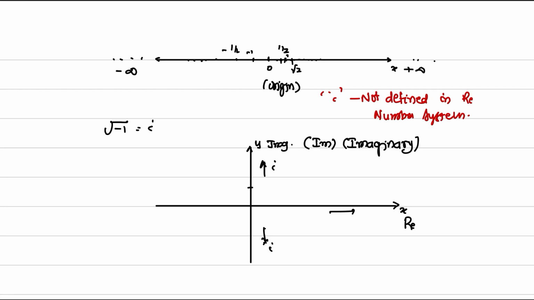This can be 2i, this can be -2i, like this. Imaginary numbers on the y-axis, real numbers on the x-axis, and except for complex plane, all other numbers can be represented on a single line, real line, whereas complex numbers require a complex plane. It is called as complex plane.